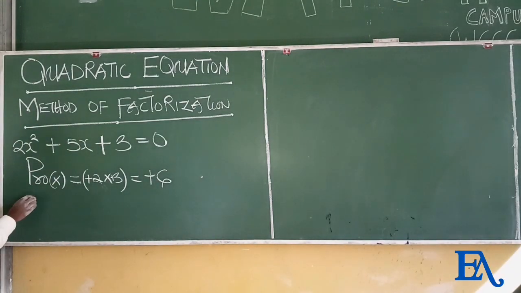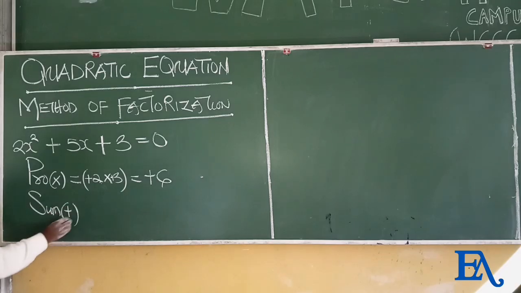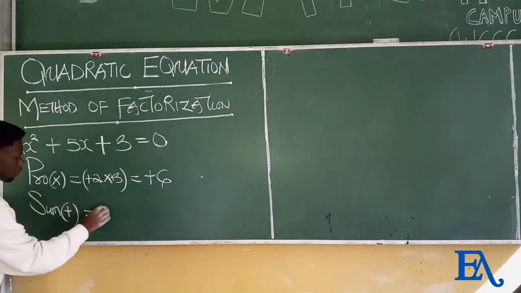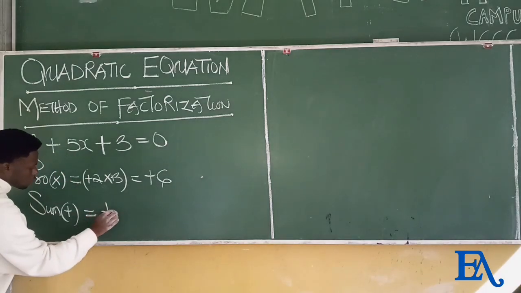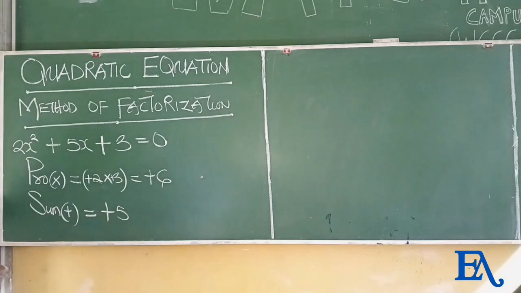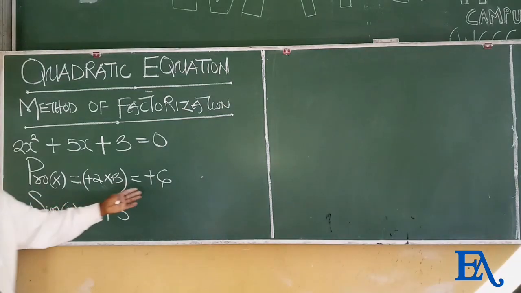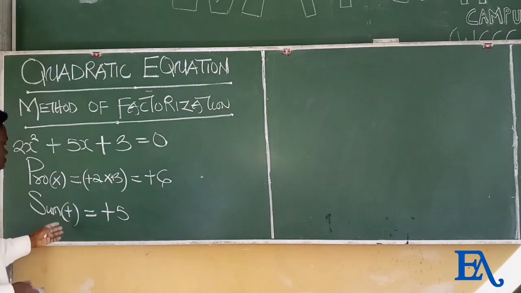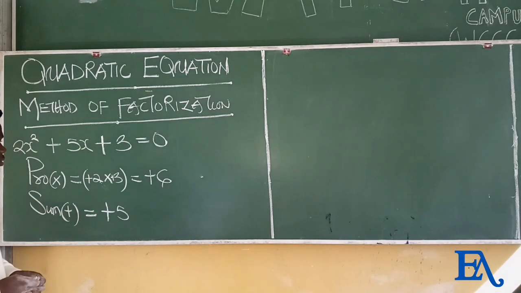Then the sum, which means plus, is the middle term, that is the coefficient of x on the board. The sum is plus 5. The product is plus 6 and the sum is plus 5.